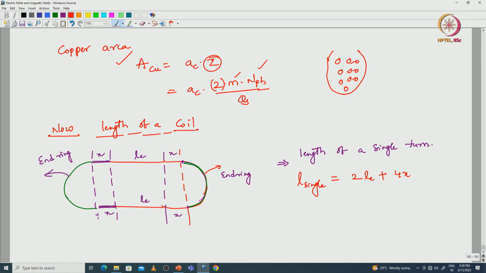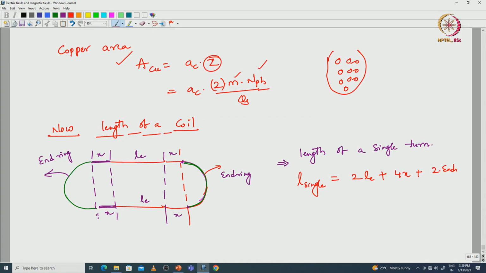4x, which is nothing but this portion where the coil comes out of the core, but it is a straight portion. The end ring will be this portion, the bent circular portion, but outside the core, the iron part, there is some straight conductor portion also, that I am representing with x, okay, plus 2 times the end ring width.